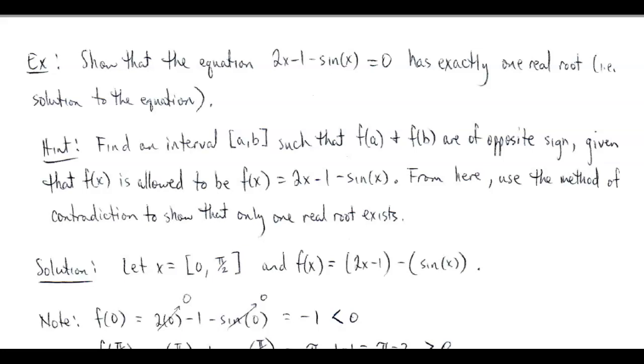So that's one way that we use the intermediate value theorem to prove the existence of solutions, even though we may not know exactly what they are. I'm bringing that up because we can also use the mean value theorem to do the exact same thing.